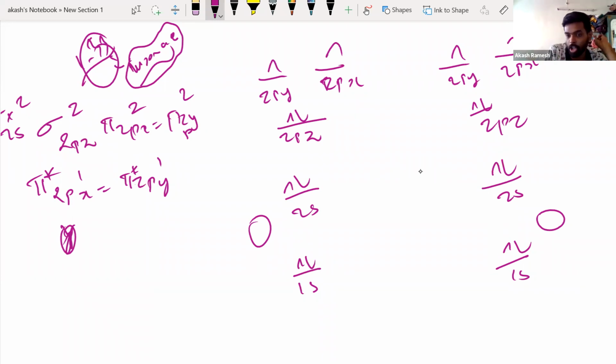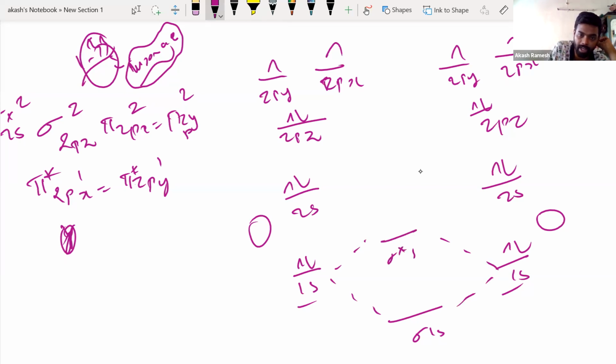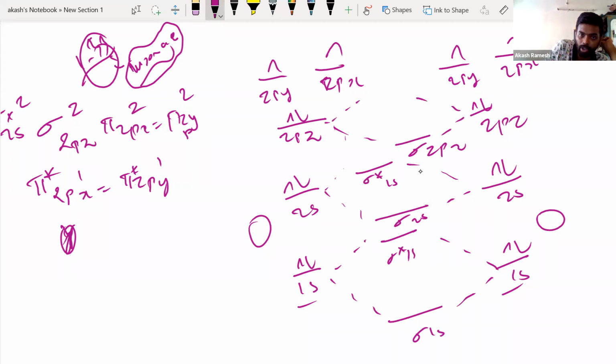Now let us draw the molecular orbitals. 1s and 1s will constructively interfere to form sigma 1s and destructively interfere to form sigma star 1s. Same way, 2s and 2s will combine to form sigma 2s and destructively interfere to form sigma star 2s. Next, 2pz and 2pz will combine to form sigma 2pz and destructively interfere to form sigma star 2pz.